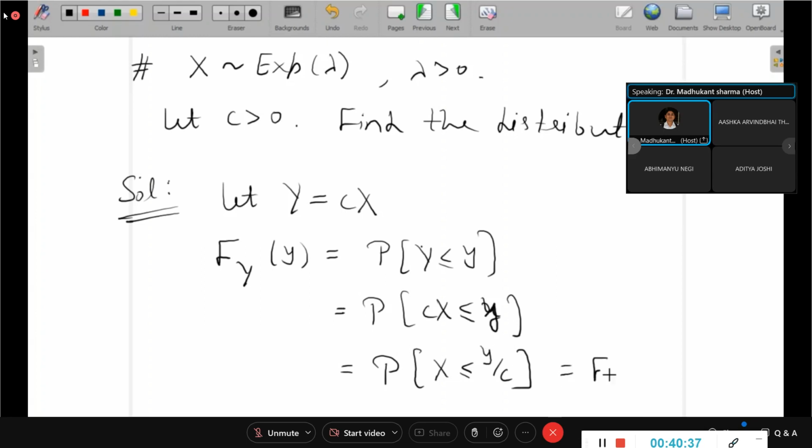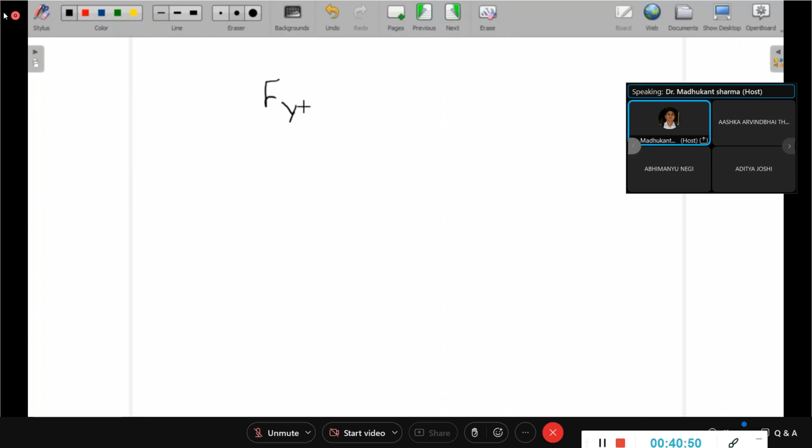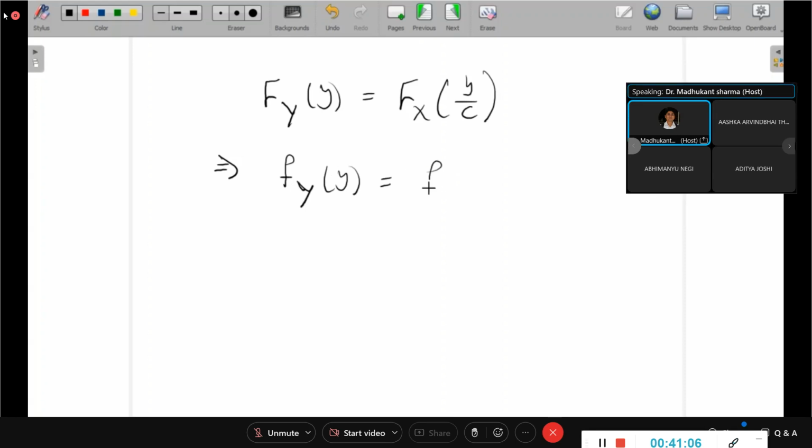So this is equal to F_X of y by c. So this implies f_Y of y is equal to the differentiation of F_X with respect to y at y by c, times 1 by c.